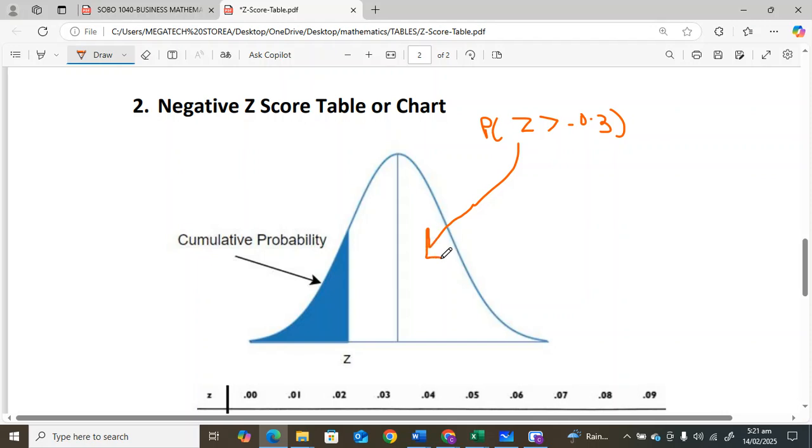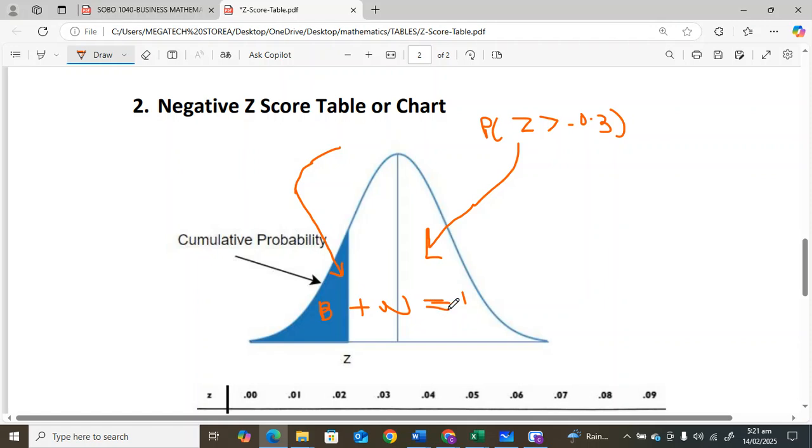Since we're using the area to the left table, the only area that we can get at the moment is this blue area here. So the probability of the blue area plus the probability of the white area equals 1.